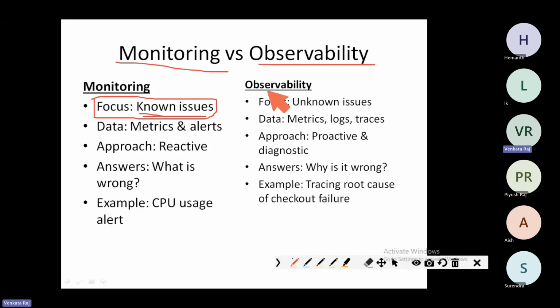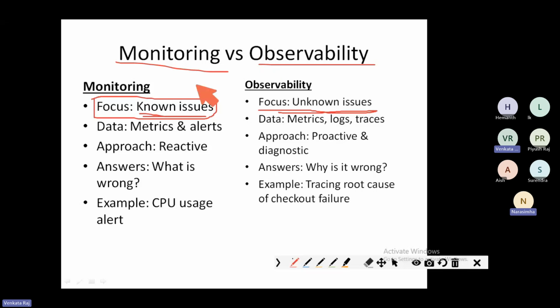But in case of observability, our focus is primarily on unknown issues, right? Means you get a problem, but you are trying to find the root cause. You do not get the root cause upfront, right? You have to find out the root cause. What is the root cause of the problem? So I do not know the cause, right? So I'm trying to find it out. So it is unknown to me.